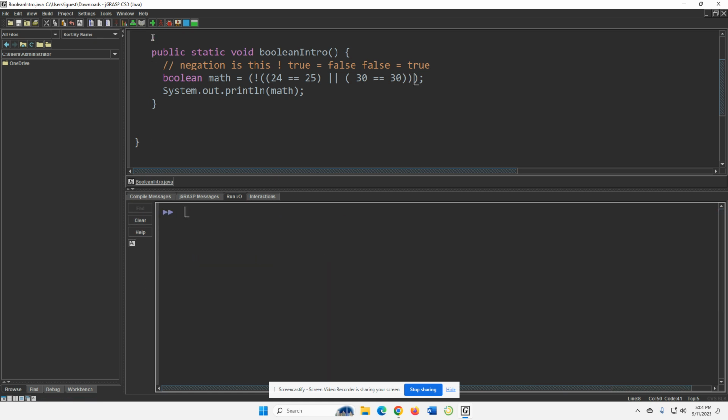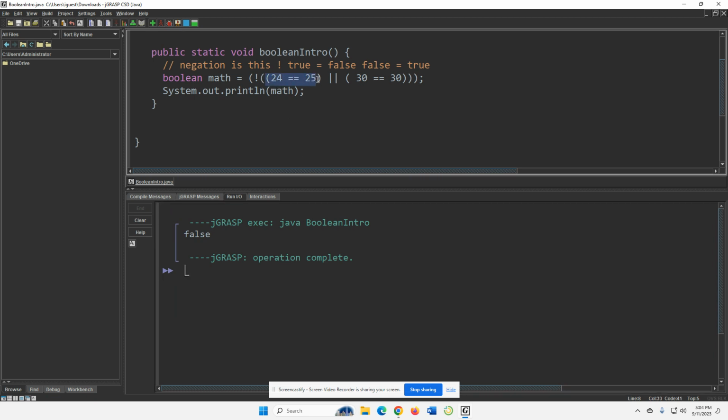There we go. That's how we got false. Again, I think I might have deleted that parentheses from the last example, but it should not have evaluated to true. But what we are doing here is we are saying 24 equal 25. Earlier, the negation was right there. But essentially what's happening is the inside is true, and we are getting the negation. Again, the negation is basically the outside condition.